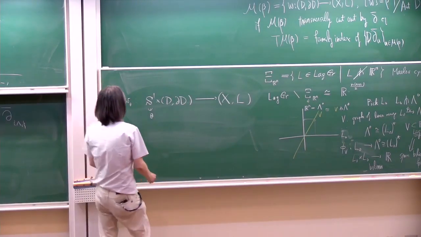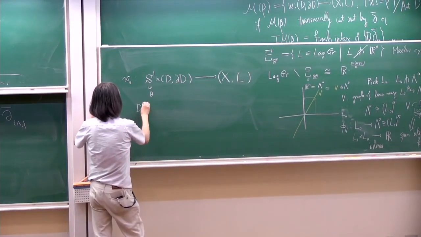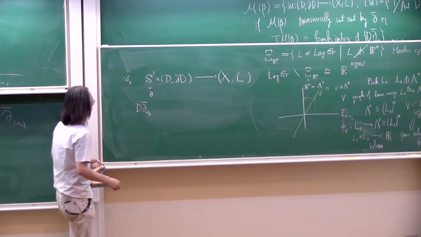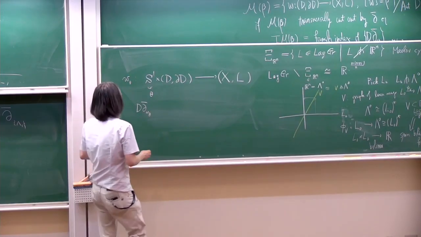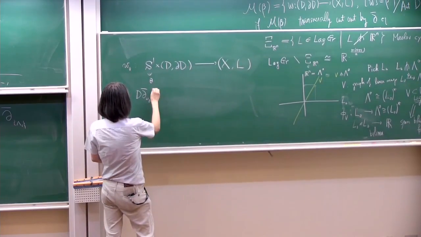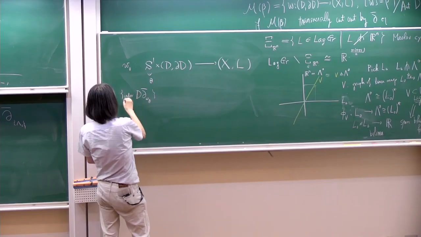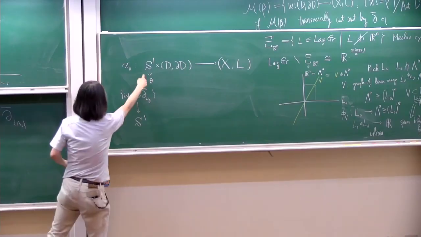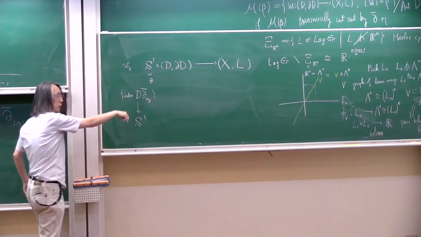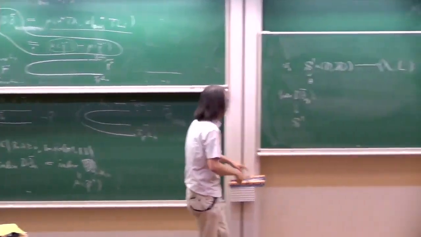And then we want to consider a family of such d bar operator problems, so d bar of W theta. And then how can we give an orientation to this? This index bundle is over this S1, right? So theta is moving on this. Therefore, we have an index bundle over here. And the question is whether this one is an orientable bundle, or maybe how to give an orientation on it.